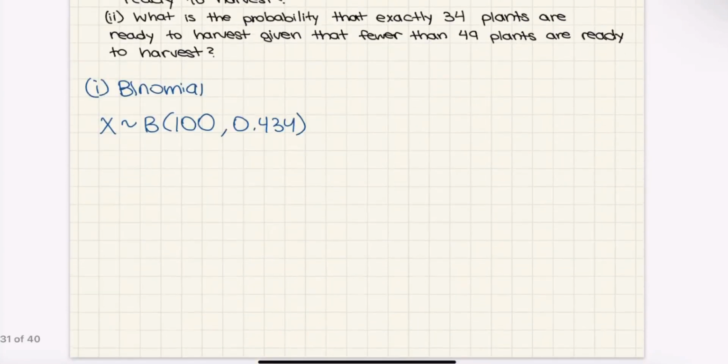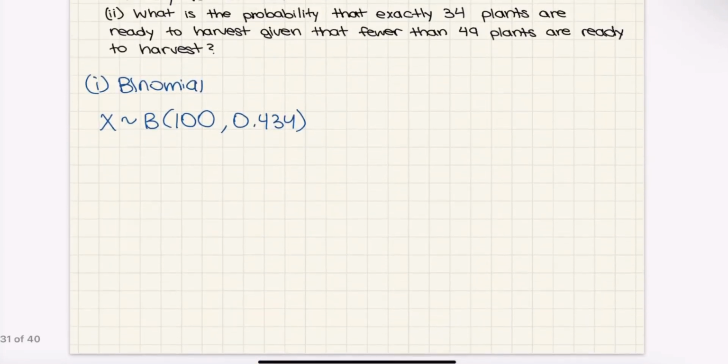So now let's plug that into the probability equation for binomials, which is: the probability that x is equal to exactly 34 is equal to n choose k times p to the power k times 1 minus p to the power n minus k. In this case, k is 34: 34 successes in n trials, 100 trials.